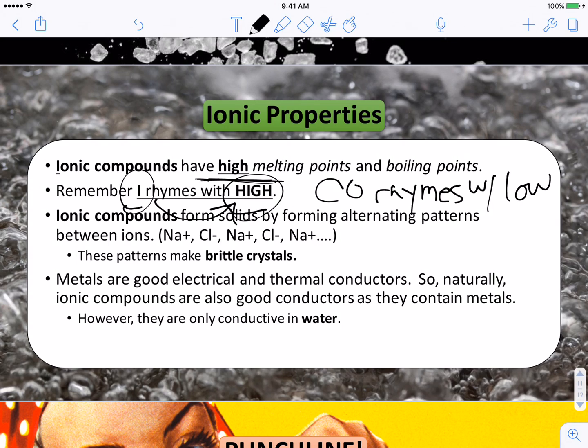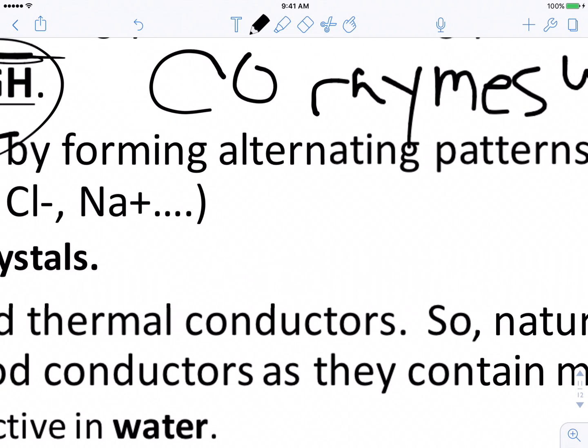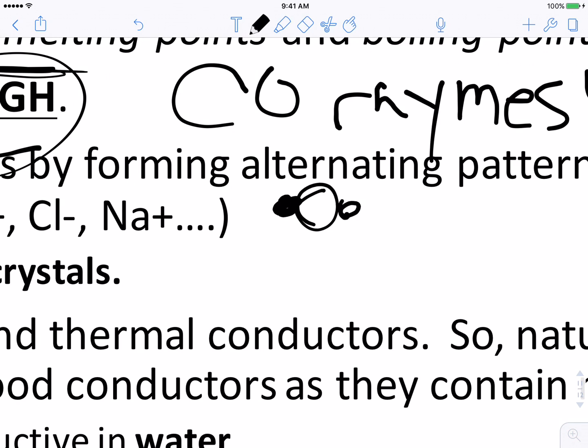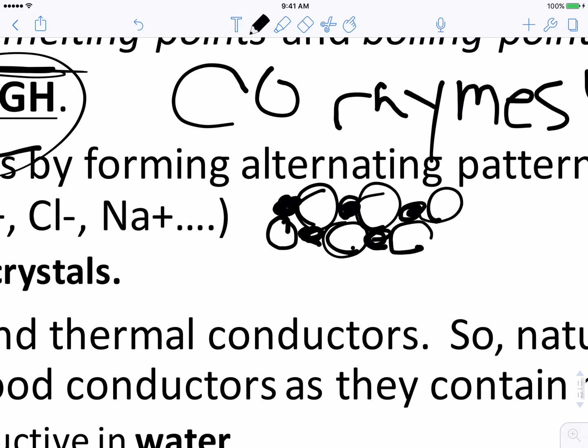And then we're going to look into this when I get back, but the way they form is they form solids by alternating patterns. So sodium chloride, table salt, looks like crystals because you have a sodium atom with a chlorine atom. And then a sodium atom with a chlorine. Sodium, chlorine. And then it alternates like this, which is why it forms 3-dimensional crystals.